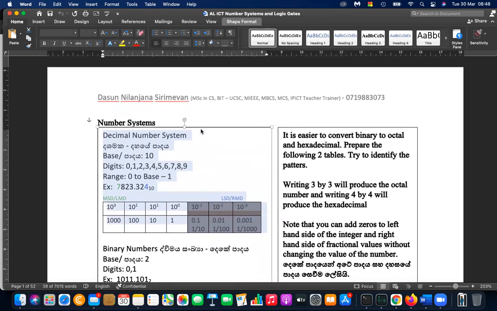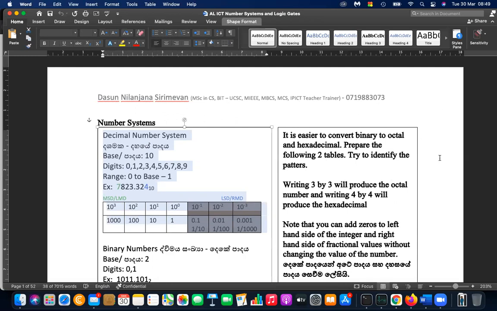I'll give you this as an exercise. Can you write the same for binary, octal and hexadecimal, all three together? You can divide the page into 4 sections: decimal, binary, octal, hexadecimal. Then write the base. Base is 10 in decimal, 2 in binary, 8 in octal, and 16 in hexadecimal.